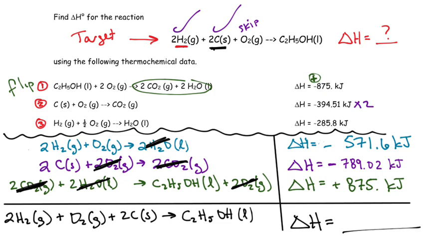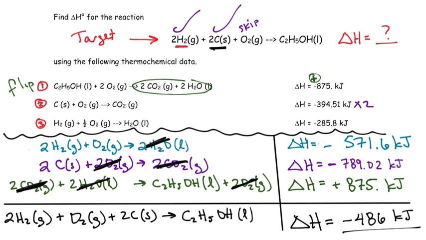How am I going to find that? You got it. Add up the blue, the purple, and the green delta H there. So I'm going to call this negative 486 kilojoules.